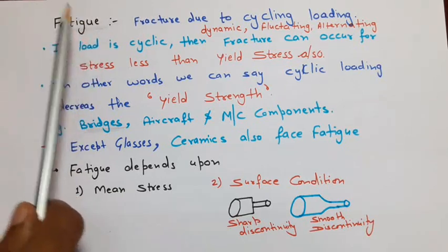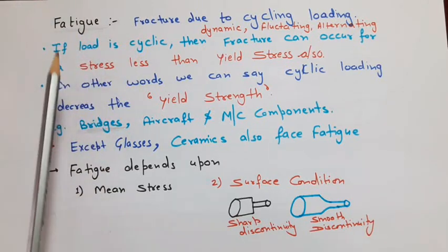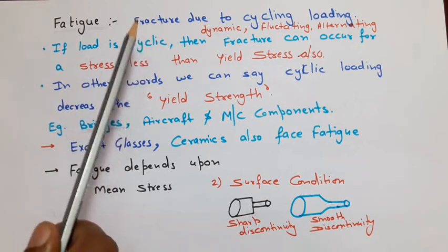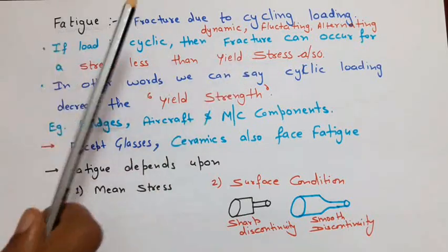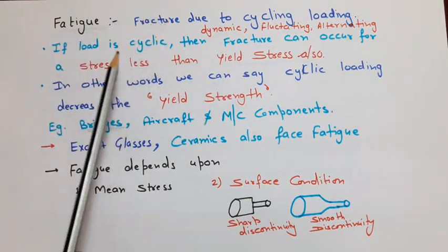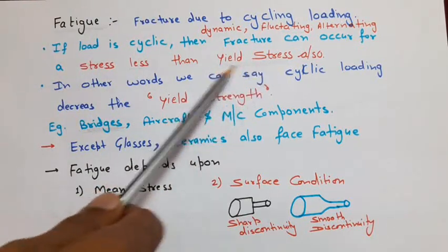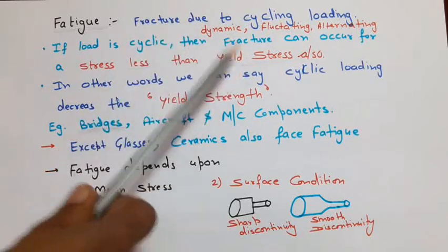And remember one thing, fatigue fracture can take place for a loading which is lower than its yield strength. Generally, if we apply a load lower than the yield strength of the material, then the material can never fracture.